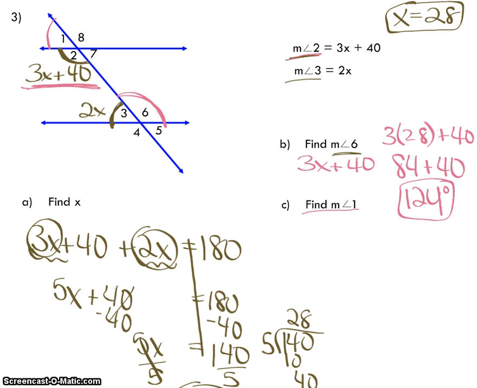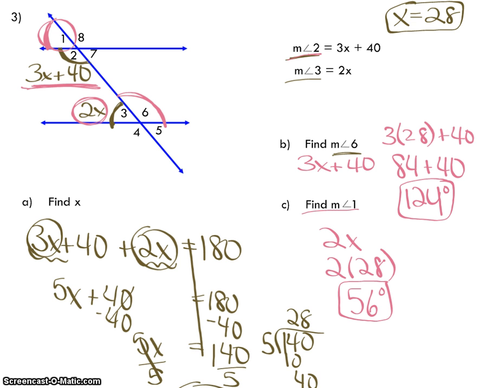Angle 1 we also have no information about, but we could do this a couple different ways. We could subtract the big one from 180 to get this, or we could just plug it into this, which actually might be a little easier. Since 3 is a small one and 1 is a small one, we can just use 2x, and x was 28, so 2 times 28 is 56 degrees.